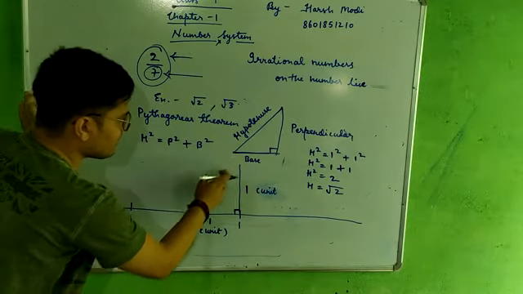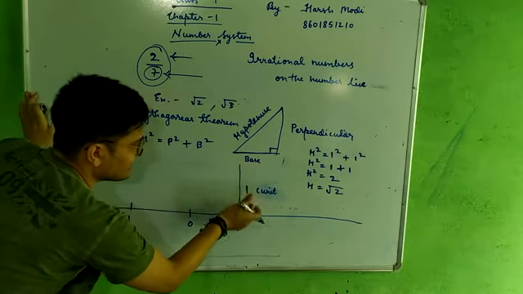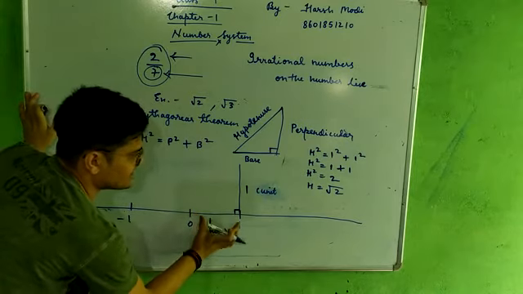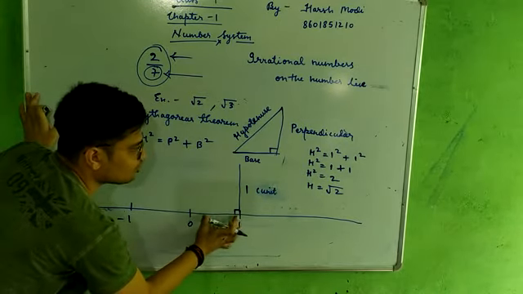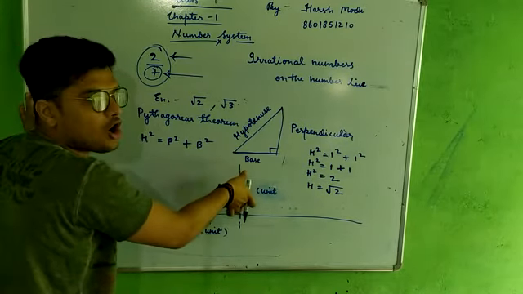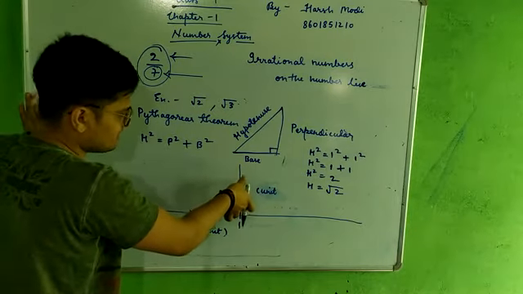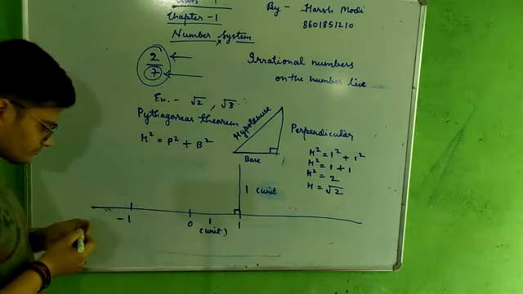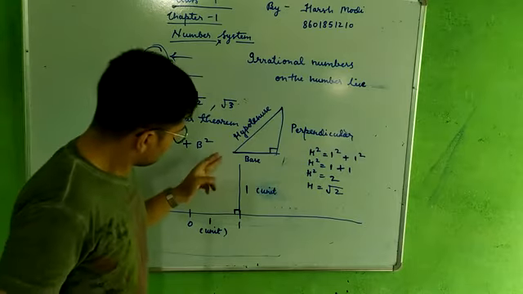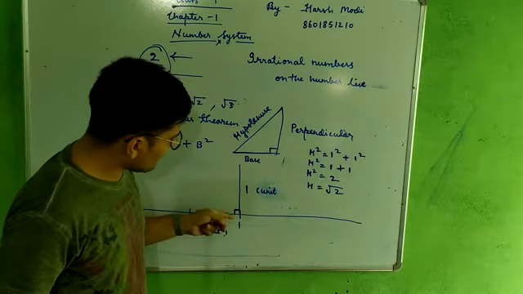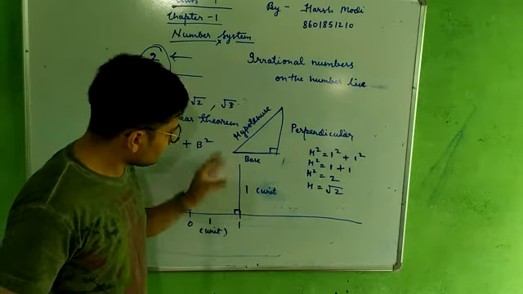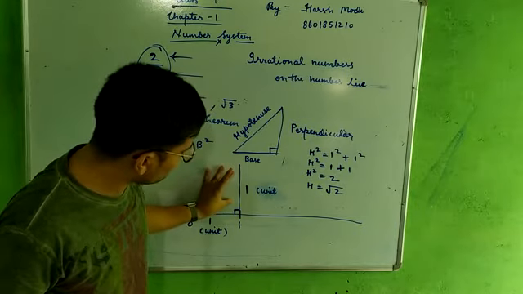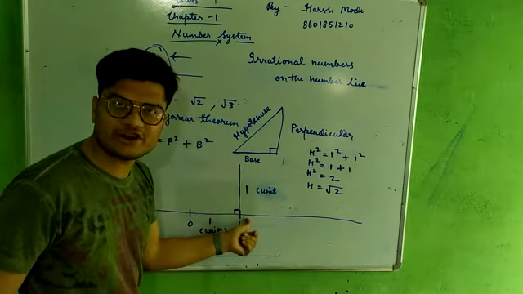So now we will raise this line. The similar distance you take from 0 to 1, you have to mark at 90 degrees with the help of a protractor.